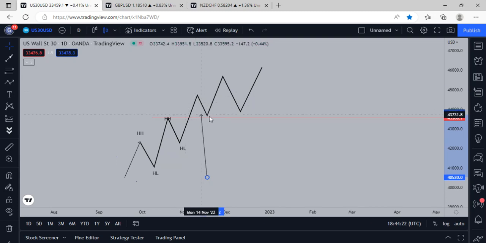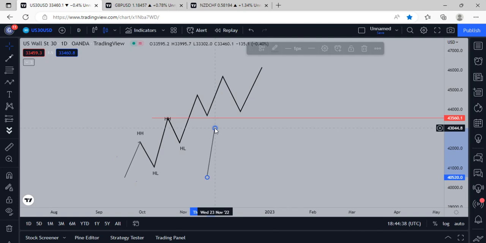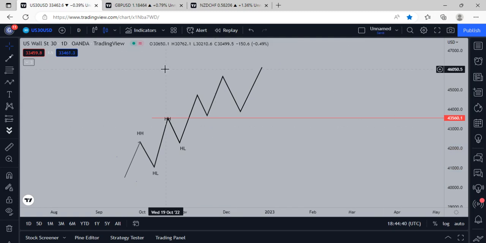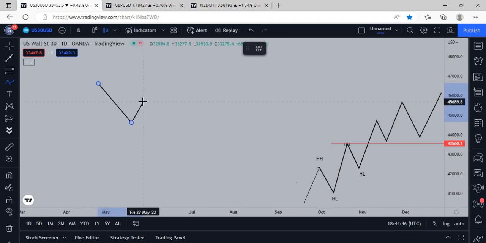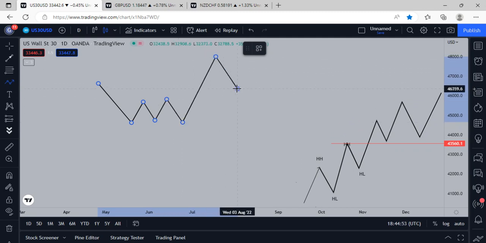This pullback, with price respecting the top of this resistance that has now been broken, is what we call a retest, and now it's making it a support. A support is an area where price fails to break through for sales.